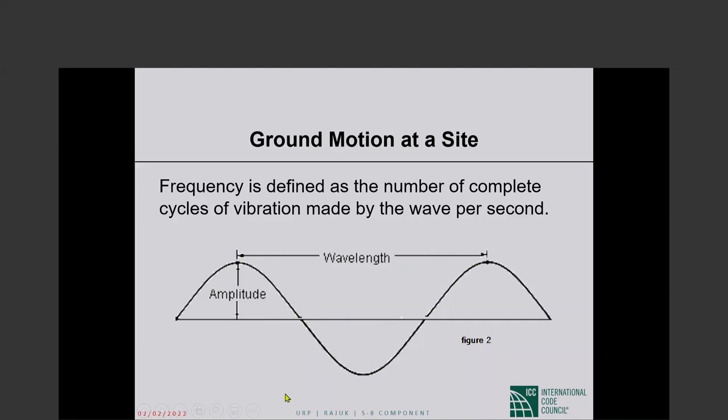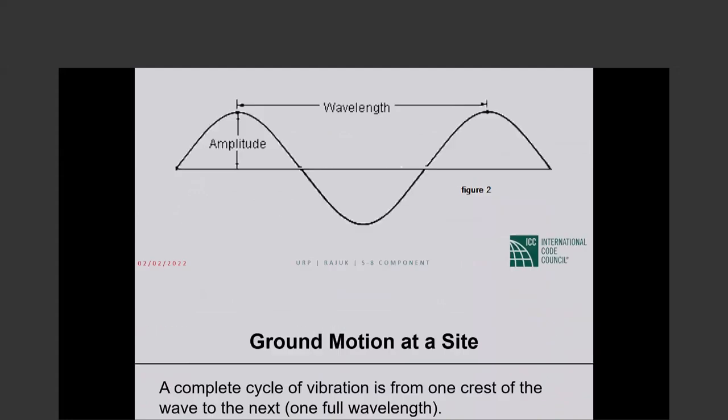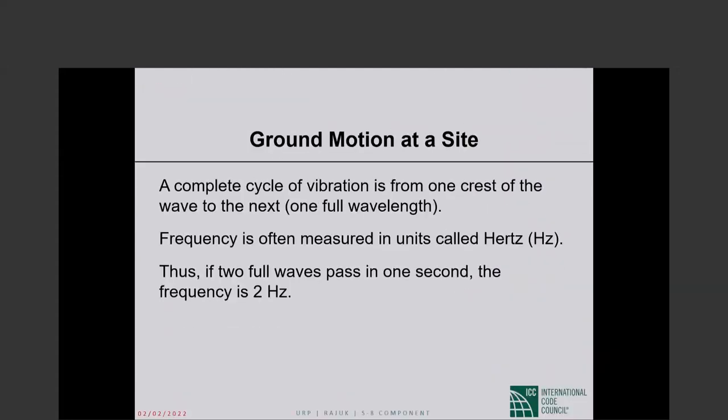Frequency is how many of those waves you make in 1 second. So a complete cycle of vibration is from one crest of the wave to the next. Frequency is often measured in units called hertz. If two full waves pass in 1 second, the frequency would be 2 second to the power minus 1, right? 2 per second means 2 second to the power minus 1.